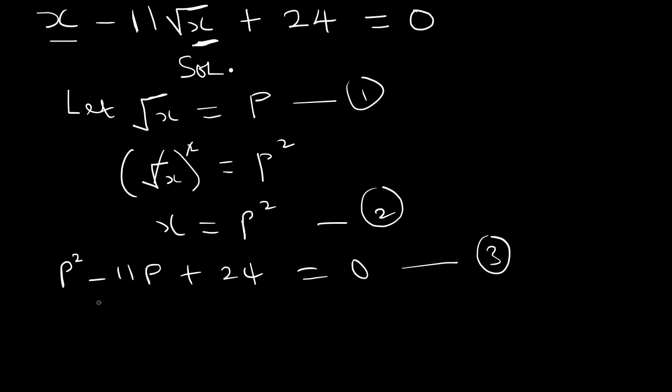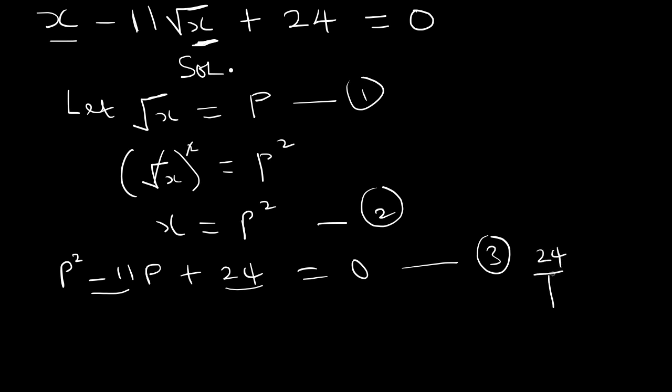Equation 3 is a quadratic equation. And in this quadratic equation, the coefficient of p squared is equal to 1. So that means that 24 becomes our product and minus 11 becomes our sum. So we'll look for two numbers that will multiply to give us 24.